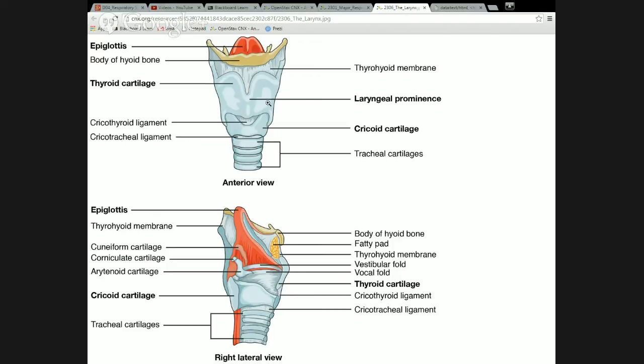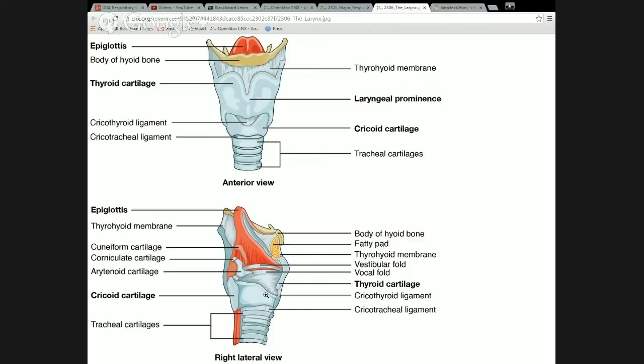Now, the thyroid cartilage sits on top of what's called the cricoid cartilage, which is a continuous ring all around the base of the larynx. So it's what we see here. It's a little bit taller in the posterior position than the anterior position, but it's not going to make up all of the posterior wall in place of the thyroid cartilage, just a little bit.